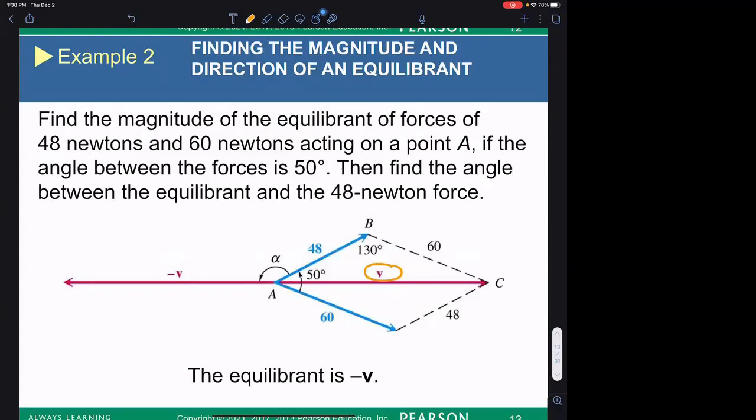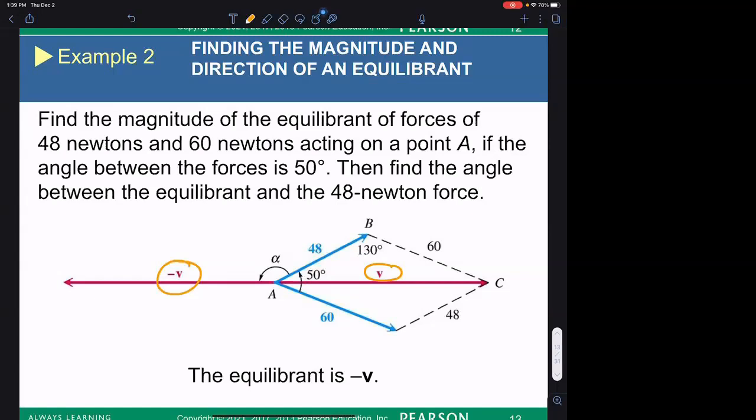If you add the two blue vectors together, you get this vector to the right, the v vector of length v. And to counterbalance that, to get the equilibrant, we would need to go to the left by the same size, so that would produce the negative v to counterbalance the sum of the two blue vectors. So that's the situation.